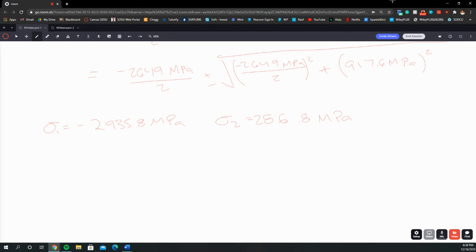So we find that by taking the average of these, which is just sigma 1 minus sigma 2 divided by 2, tau max equals 1,611.3 megapascals. And this right here is our final answer.